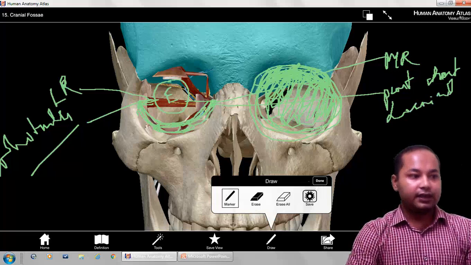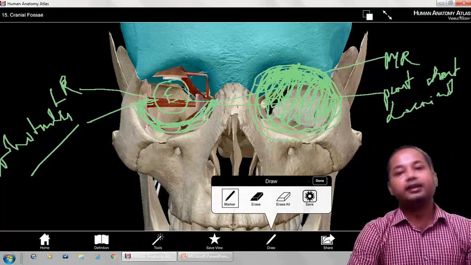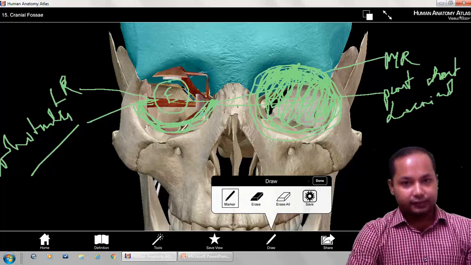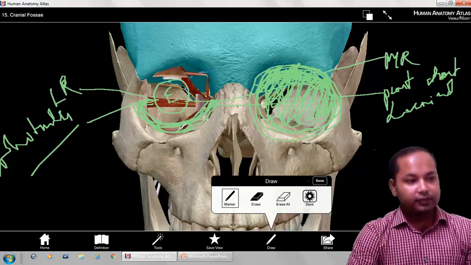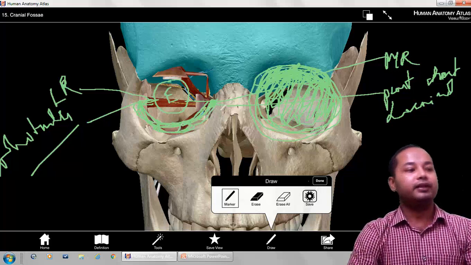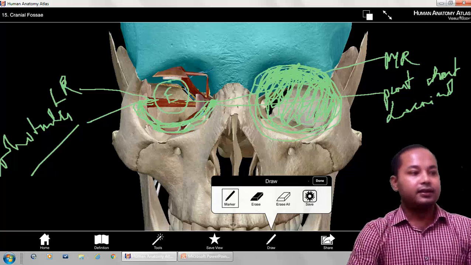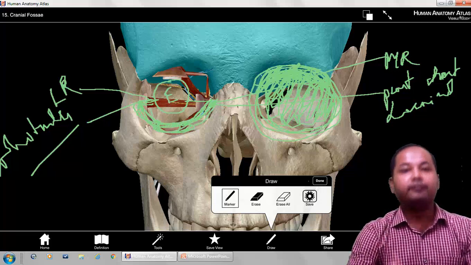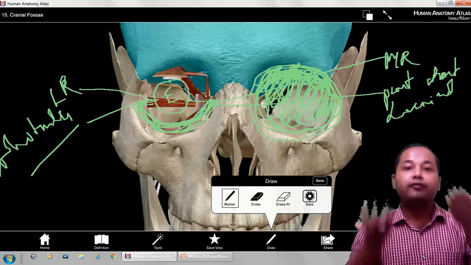So here the inner layer of the dura mater will be providing a kind of fascial attachment, and it will be enclosing the inferior rectus muscle and inferior oblique muscle in it, since it is occupying the lowermost areas, and it will provide a ring. This is the Lockwood's ligament, which will hold the eyeball and prevent the eyeball from falling backwards.